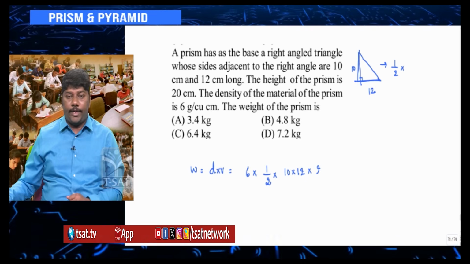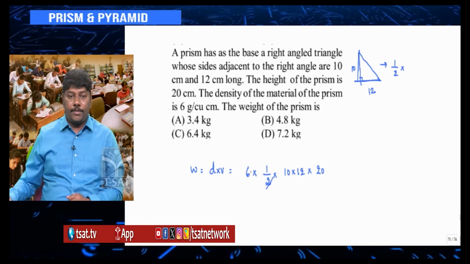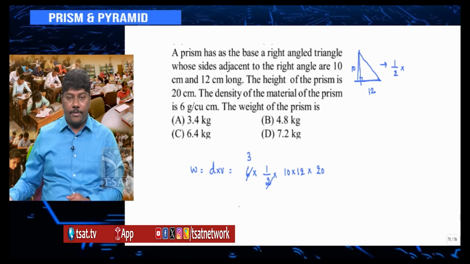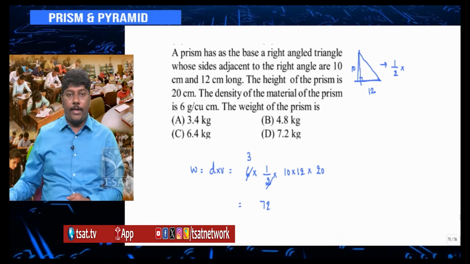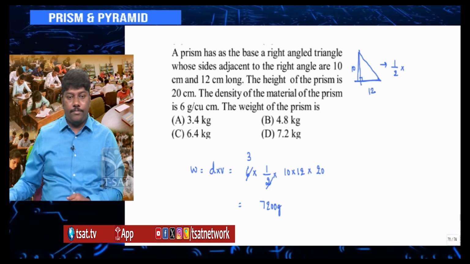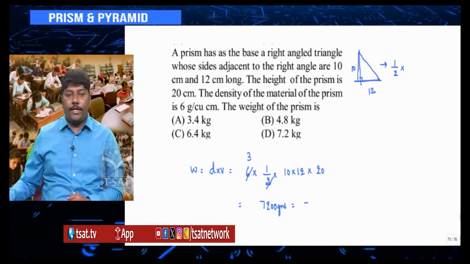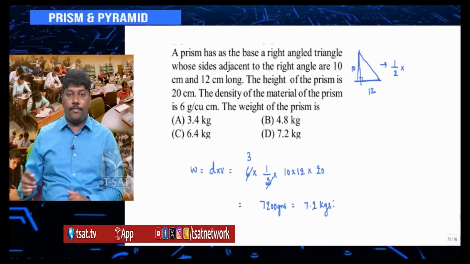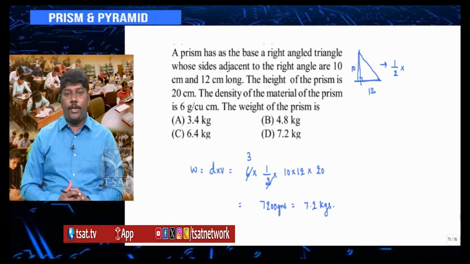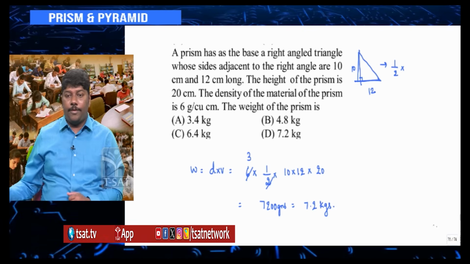Height of the prism is 20. Cancel this. It is in grams. 36 into 2, 72. So 7200 grams. Convert it into kgs, it is 7.2 kgs. So the answer is 7.2 kg is the weight of the prism.